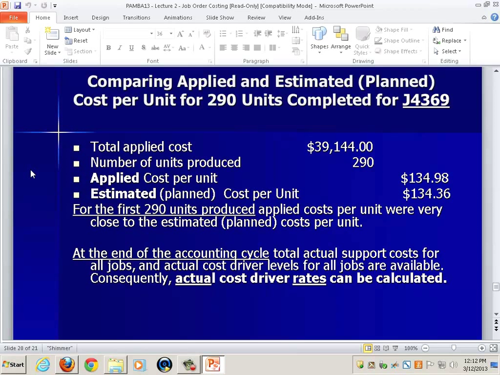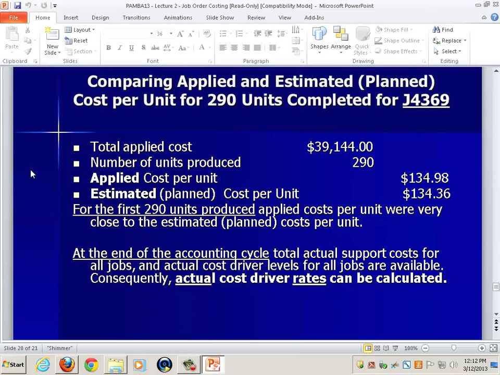We are coming very close. In other words, our cost per unit of doing the 290 units is very close, cents away, from our estimated cost when we bid for the whole job of 1,500 units. But this is very important to know.